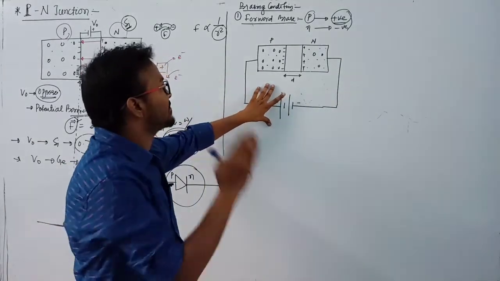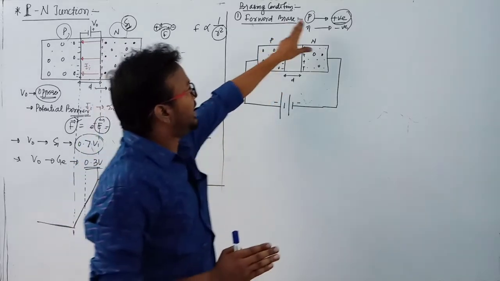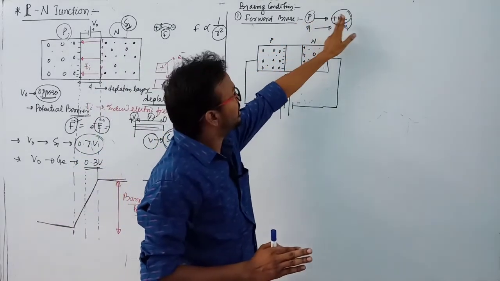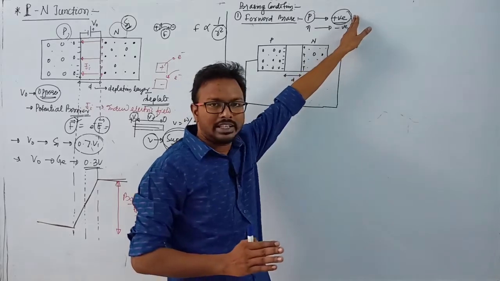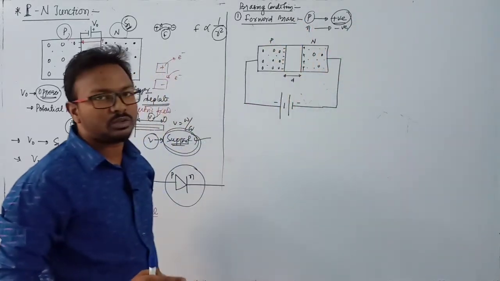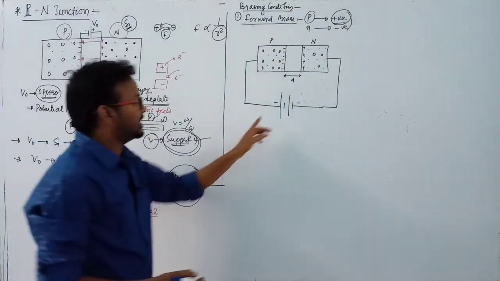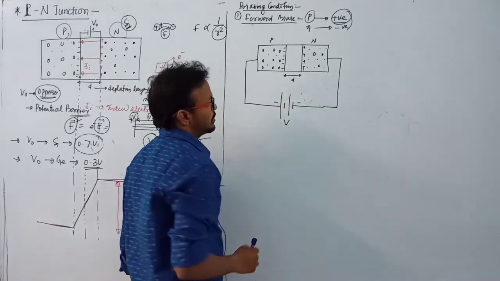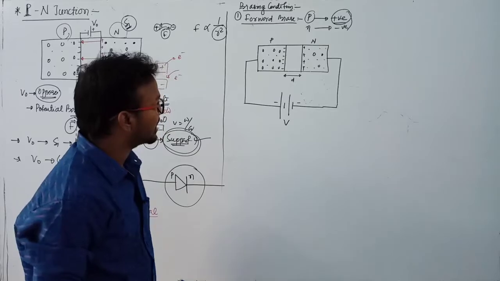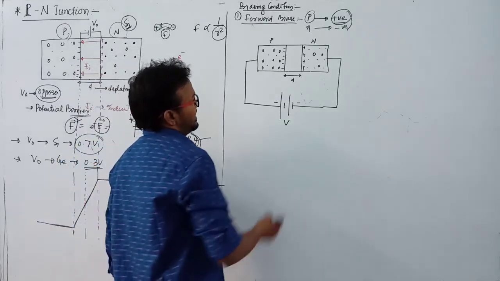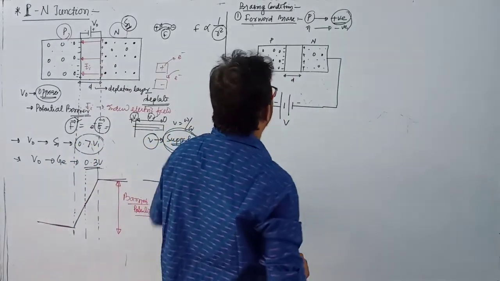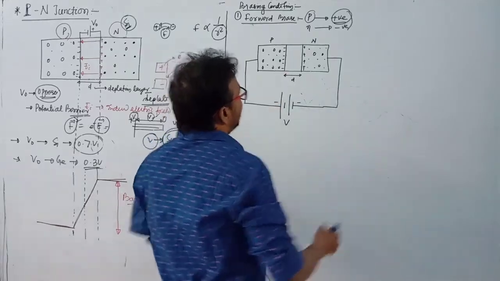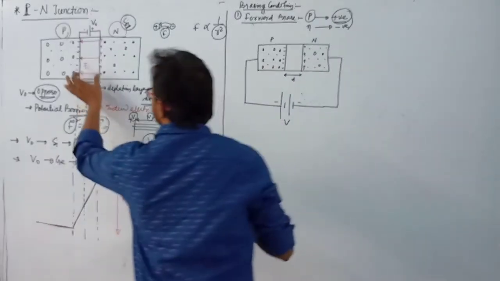For forward bias, we have to connect the p-type semiconductor with the positive terminal of the battery and the n-type semiconductor with the negative terminal of the battery. So this is the case. Clear? And here suppose the potential difference between the 2 points is V. Now this is the initial case. Okay. Or in this case, this is the initial barrier.